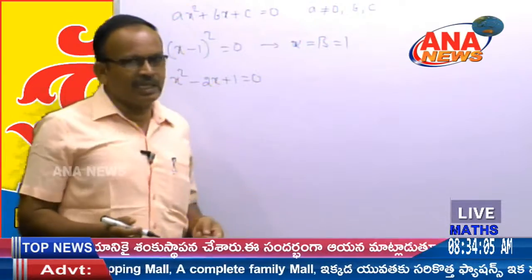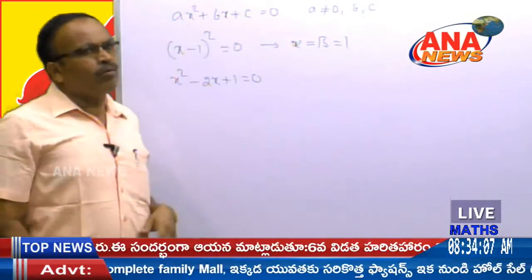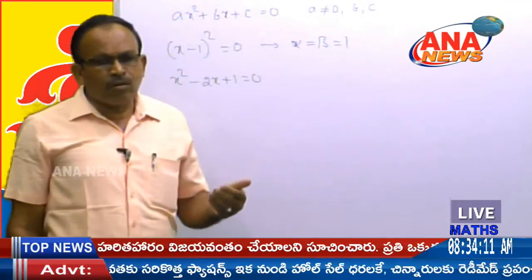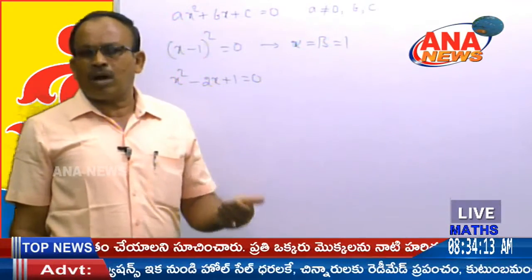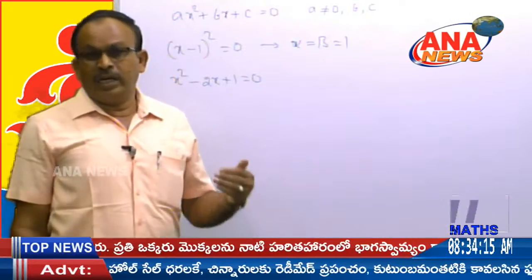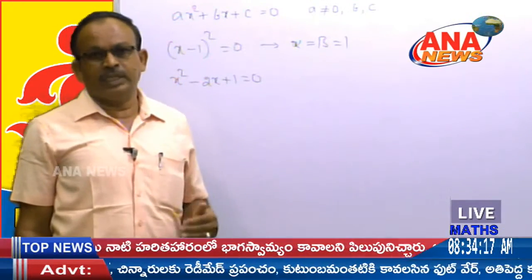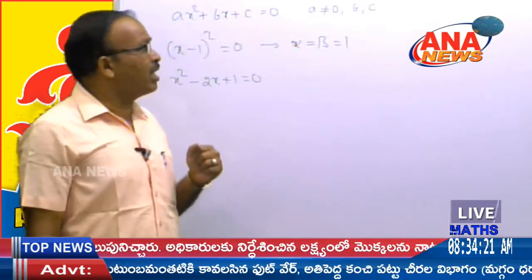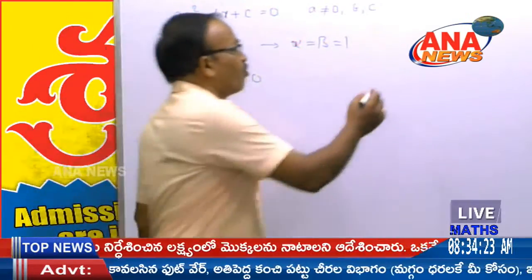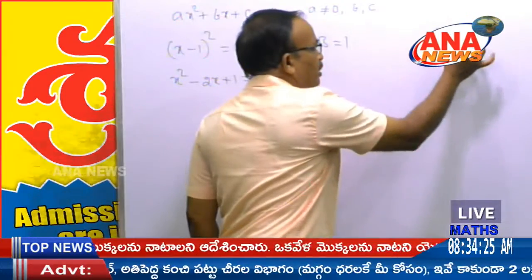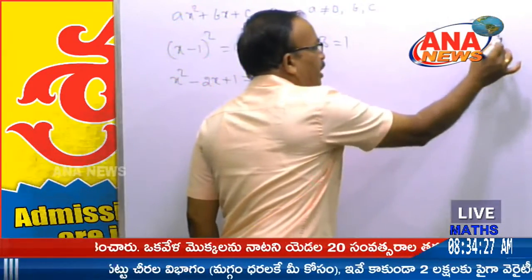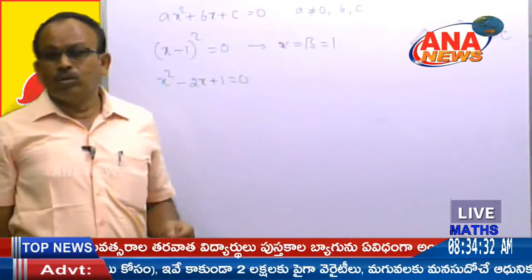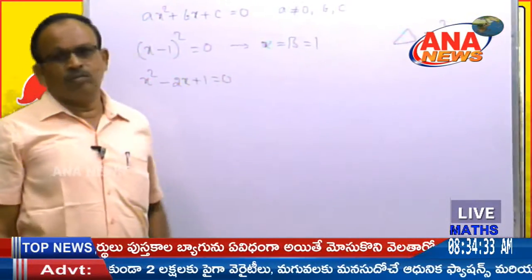Already we discussed that. When the roots are real and when the roots are complex depends on its discriminant. What is its discriminant? Delta is equal to b² − 4ac. This is the discriminant, so roots depend on that value.